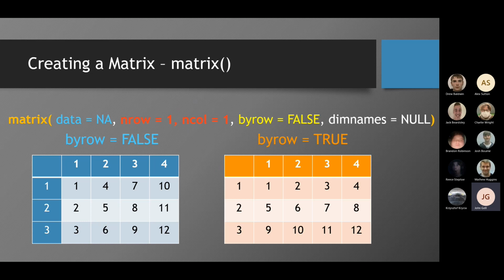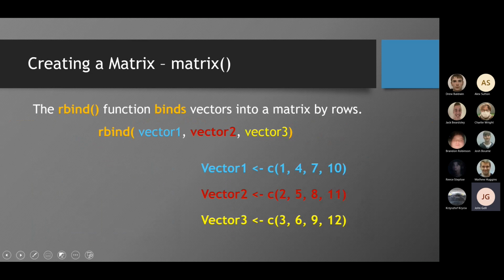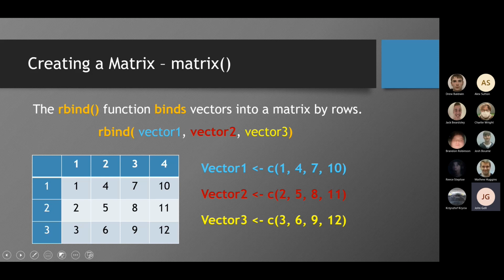Particularly focusing on the red ones. You don't. You have to set the way it's structured in matrix. Yep, you're absolutely right, Charlie. But in these, what's dictating the rows and columns? The vectors themselves, the amount of data. So the number of vectors dictates the columns. Sorry, the rows.